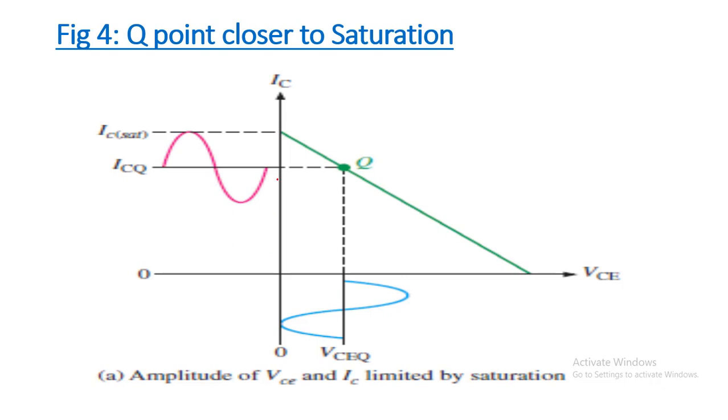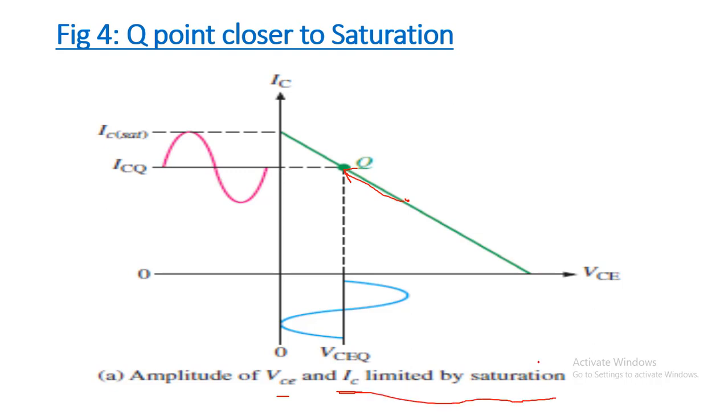You can see that when you take this Q point above, at this saturation point, this thing will be limited. The amplitude of VCE and IC will be limited because of the saturation. So this is also not a good point.